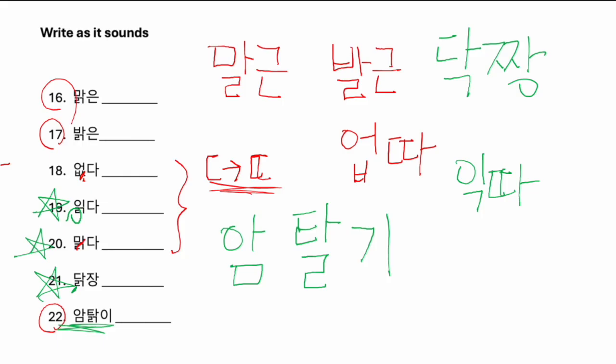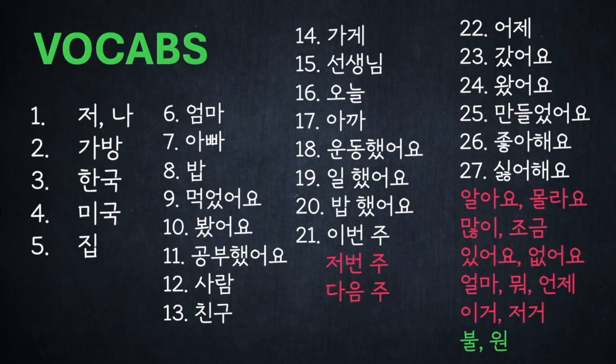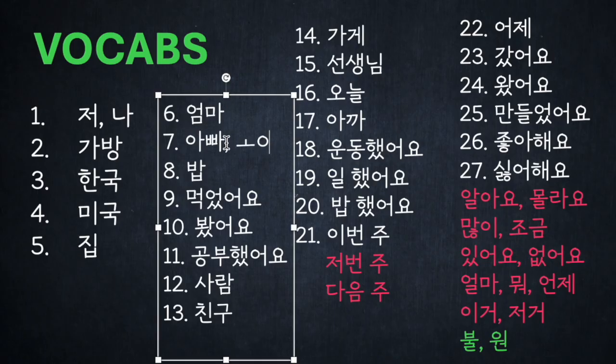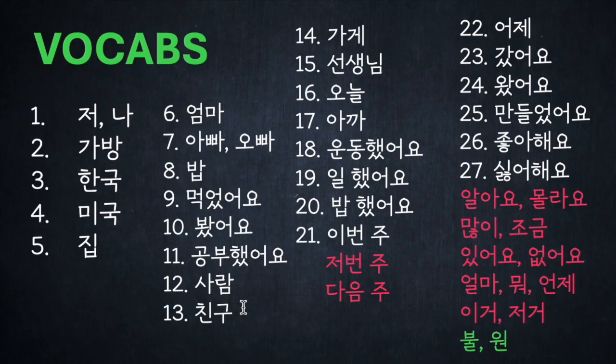Let me just go ahead and write all the vocabs that we've covered. Okay, so these are so far the words that you know. The very first ones: 저, 나, me or I. 가방, bag, Korea, America, house. Mom, dad, and you also know 오빠. 밥, 먹었어요, 봤어요, 공부했어요. 사람, person, 친구.